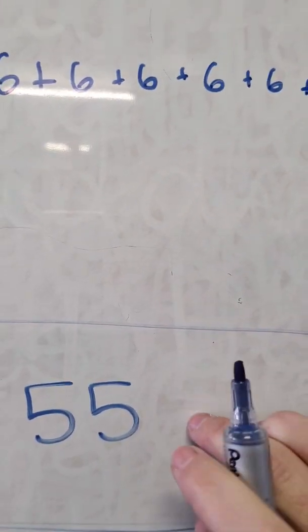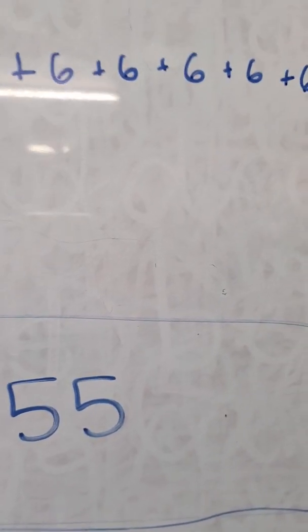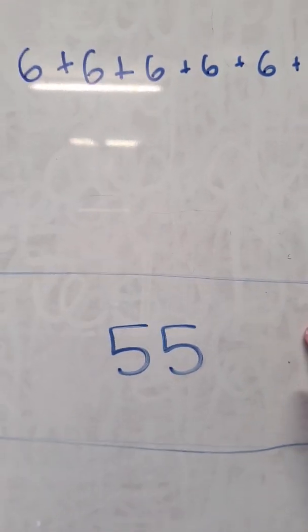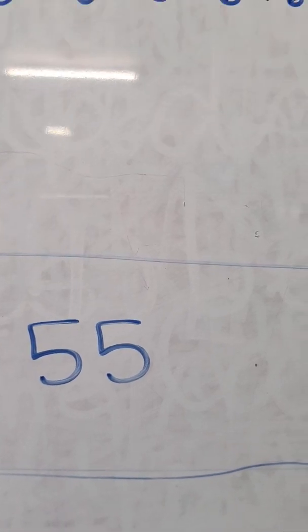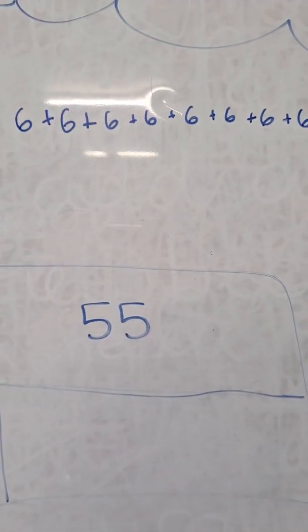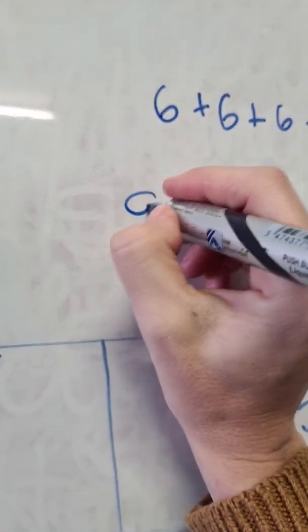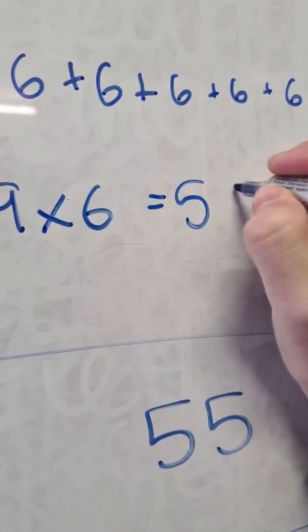We can still go closer than 36. So then the next one is 42. We can go closer than 42. What about 48? Okay, maybe we can even go one closer. 48 plus 6 would be 54. So 54 is, and if I counted all my 6s, 9 times 6 equals 54.